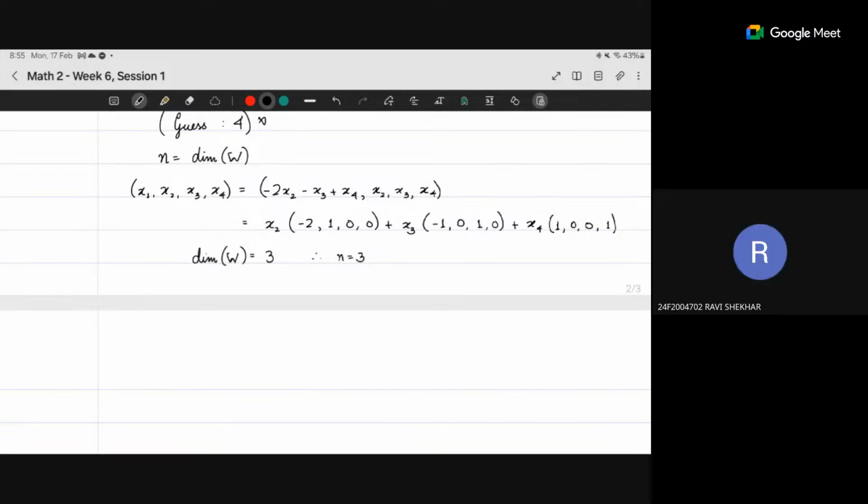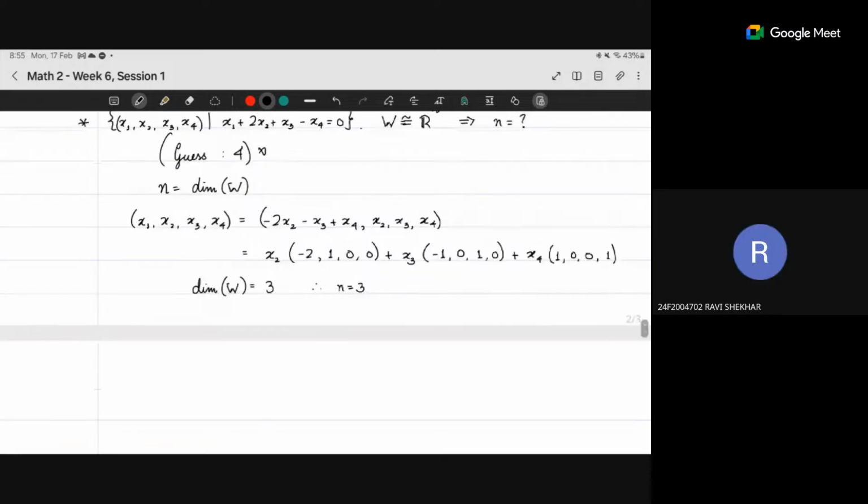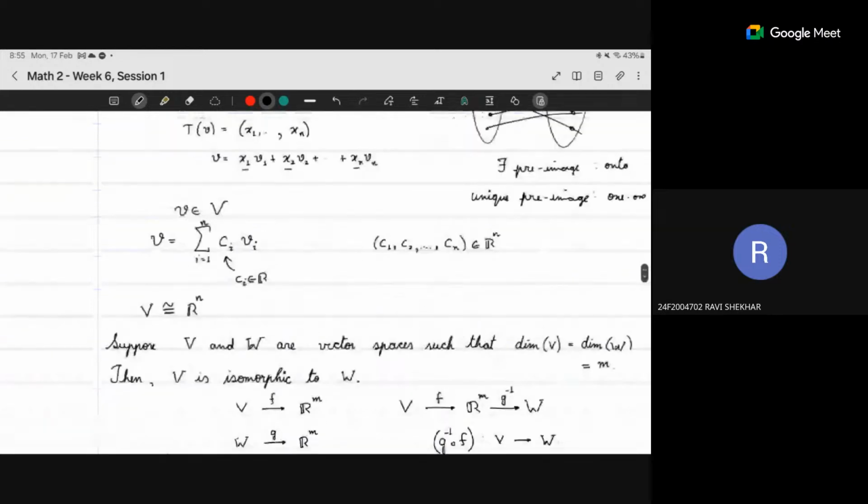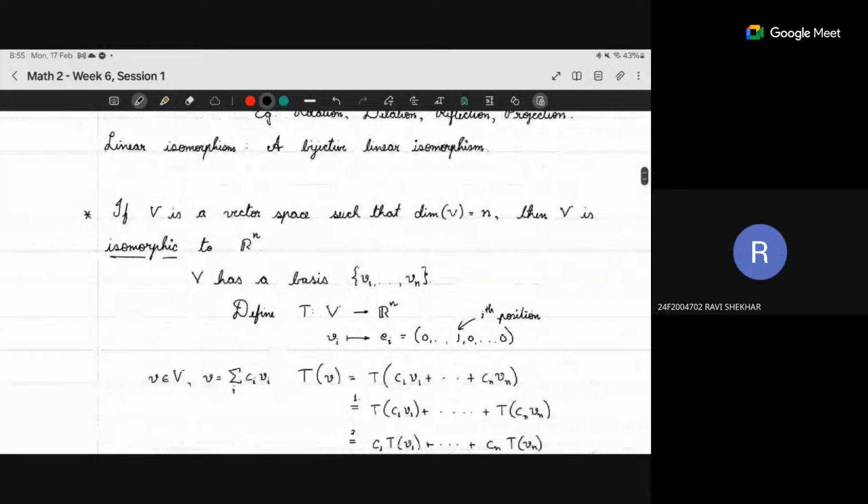Sir, can you please explain why n equals the dimension of W? Okay. The result that we have discussed so far is that if V is a vector space of dimension n, then V is isomorphic to Rn.